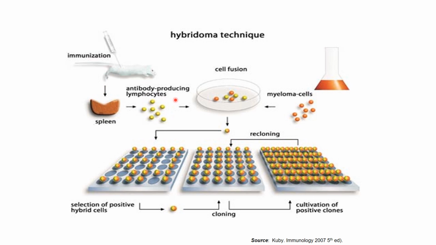The antibody-producing lymphocytes are generated, while the myeloma cells that are grown separately are both cultured in a dish, used for fusion, and then they are cloned over and over by selecting just the positive hybrid cells. So at the end of that, you have a whole bunch of positive clones of monoclonal antibodies.